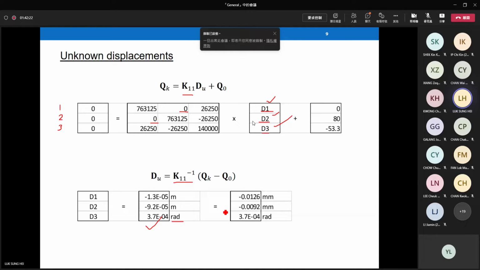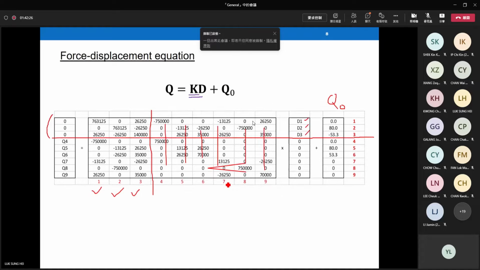If you know the unknown displacements, then the next part is to use the bottom 6 equations to find the unknown reactions. Here, you have to use the bottom 6 equations to find Q4, Q5, Q6 up to Q9.